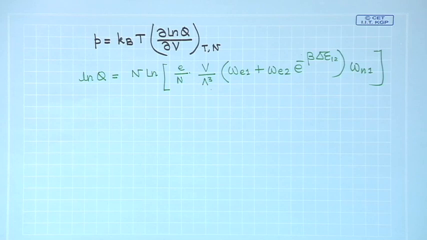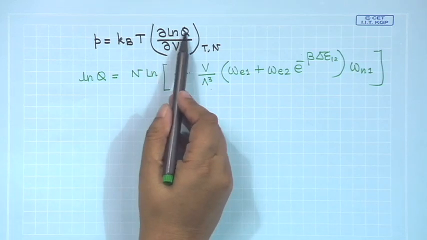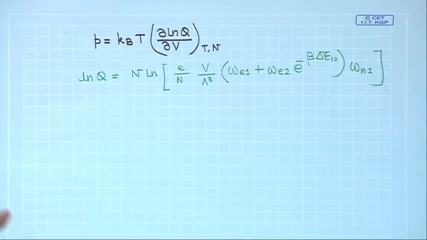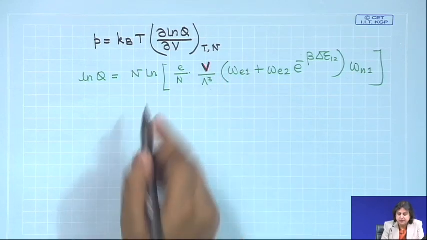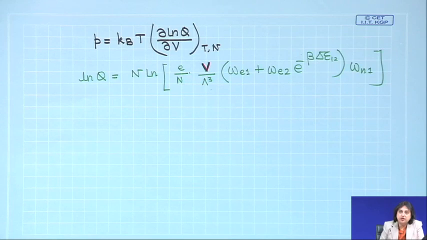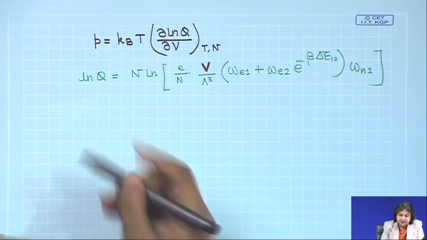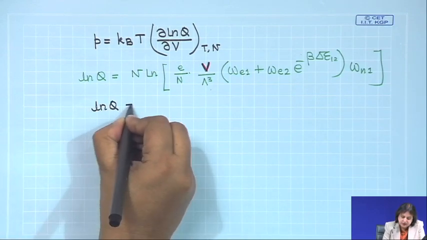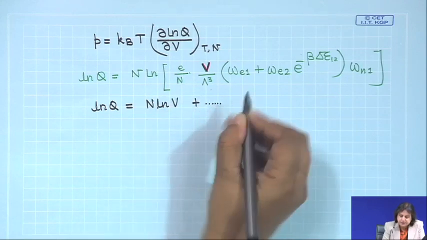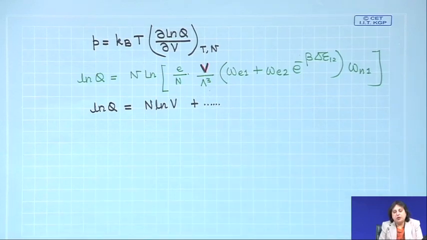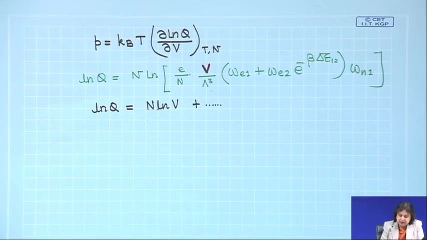If that is so, then if I want to take a derivative of ln Q with respect to V, I must understand what are the terms here that depend on V. Here this is the only term within this natural logarithm that depends on V. Therefore, I can very easily write that ln Q is actually capital N ln V plus some terms which are constants as far as the condition of constant temperature and constant number of particles is concerned.